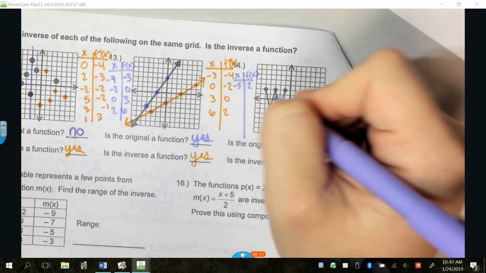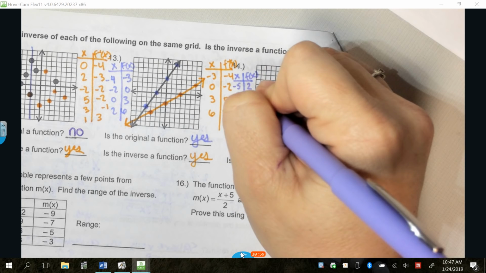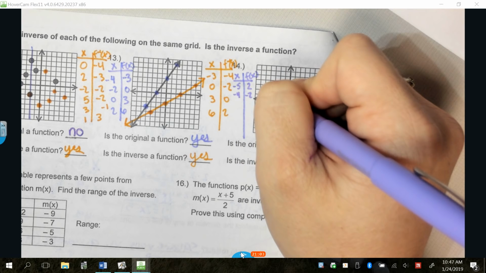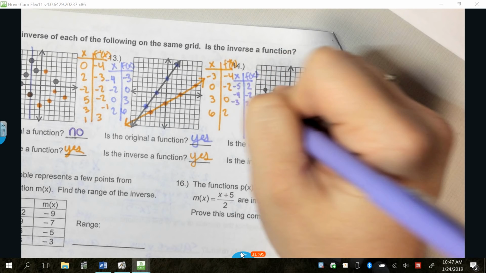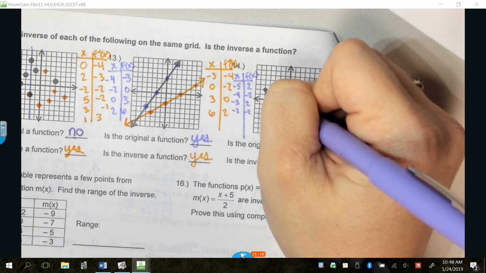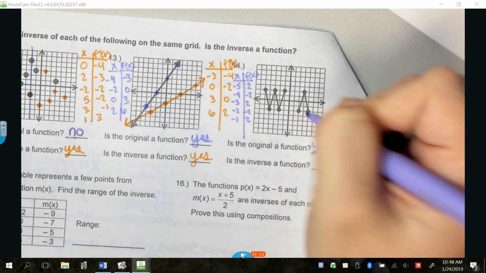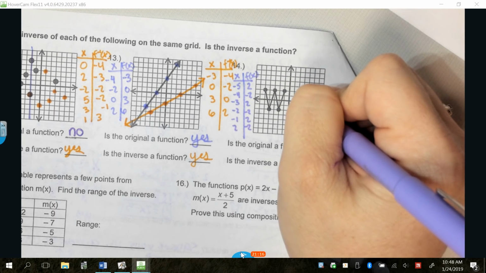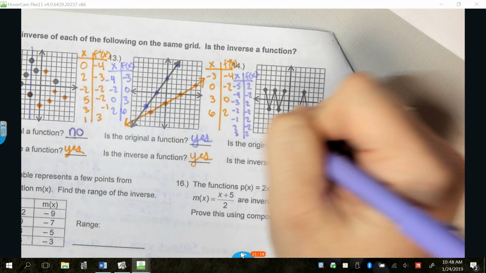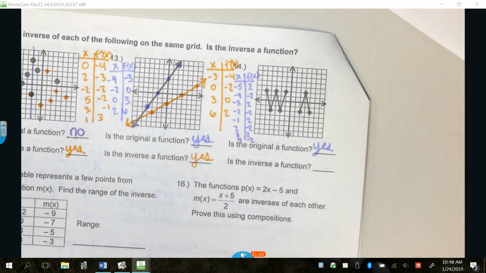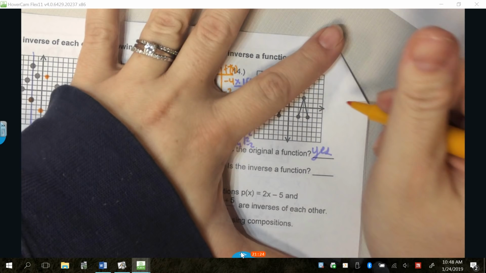So -5, 2, -4, -2, -3, 2, -2, -2, -1, 2, 2, -2, 3, 2, and 4, -2. So let's build the inverse.